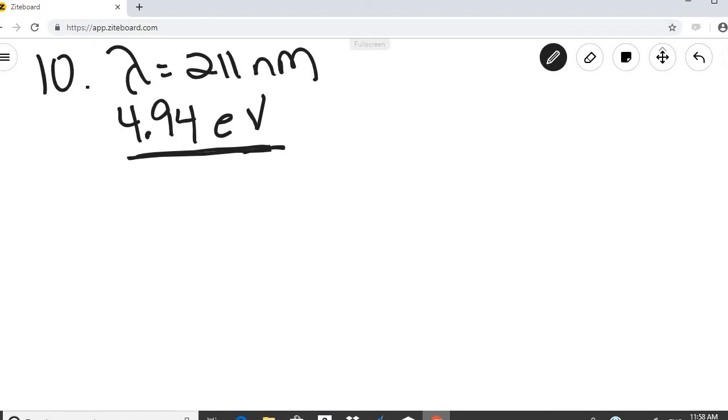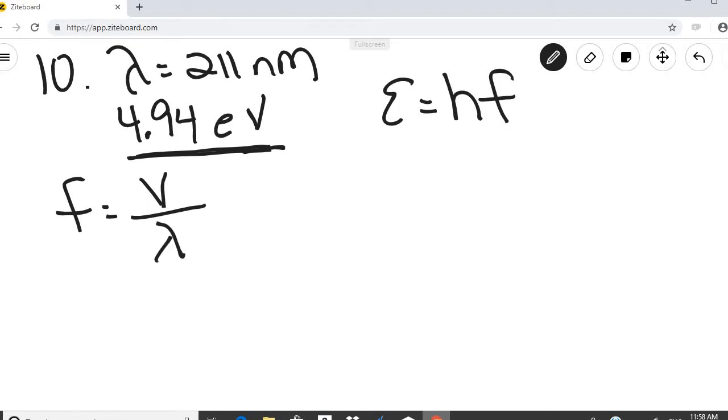Okay, so we are given wavelength. The first thing we have to do is we know that energy is equal to h times f. So we've got to get this wavelength into frequency. So frequency is equal to velocity divided by wavelength. So it's going to be 3.0 times 10 to the 8 meters per second.